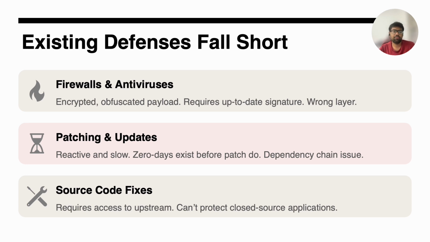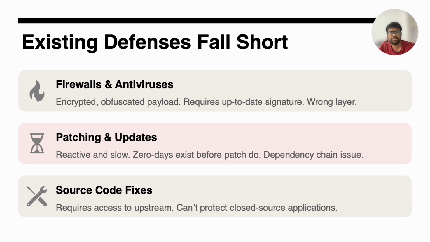Patching is a reactive approach in which you are always one step behind. And there could be zero-day vulnerabilities, zero-day exploits, which exist right before the patches do. And modern Java applications have such dependency chains that they make patching impractical.